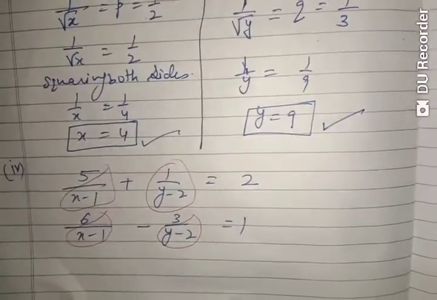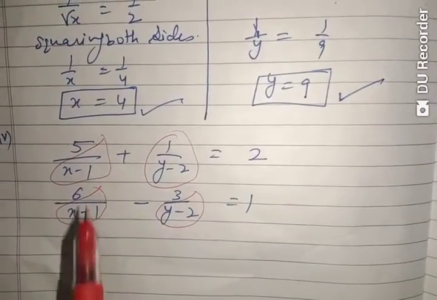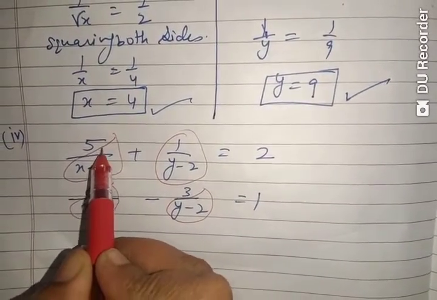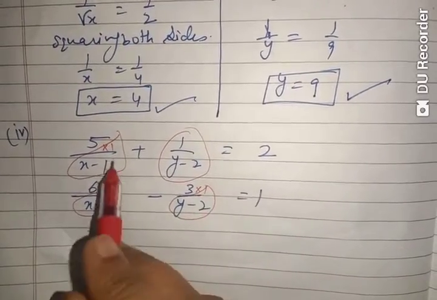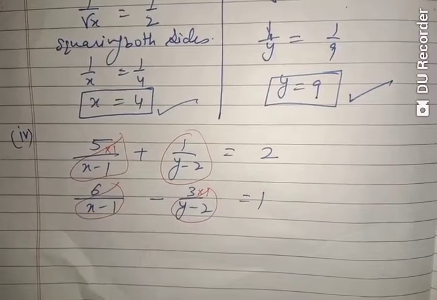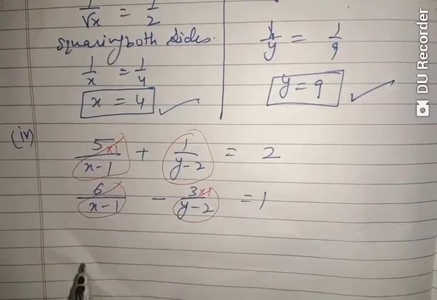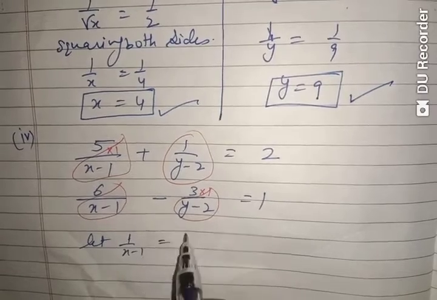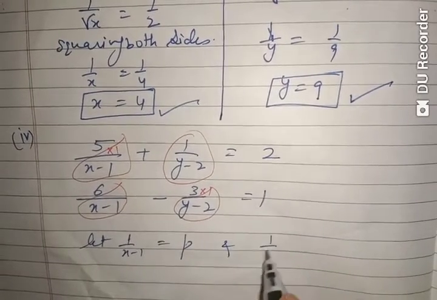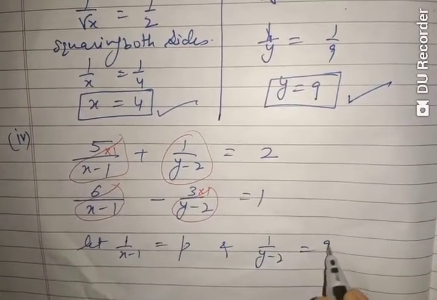You must be thinking that 1 is not visible here in the numerator. So the same thing we can write here as 1 also, because if nothing is there, 1 we can write in multiplication. The supposition here will be, let 1 over x minus 1 is equal to p and 1 over y minus 2 is equal to q.